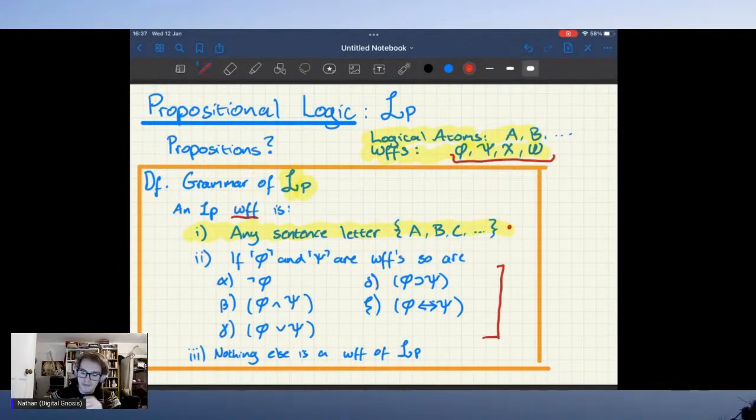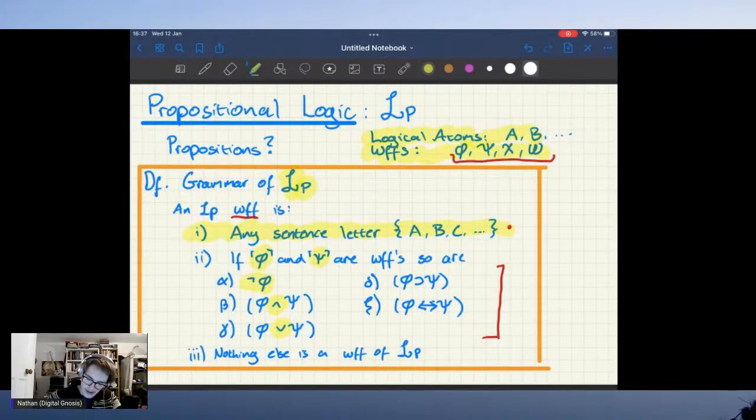Okay, so we're defining here what a well-formed formula is, and well-formed formulas are the things that combine in our grammar of LP. So the next thing then that we're going to talk about is that if phi and psi are well-formed formulas, then so are, and then we've got each of these numbered definitions. So that little symbol there is not, so not phi. That symbol there is and or conjunction, so that's phi and psi.